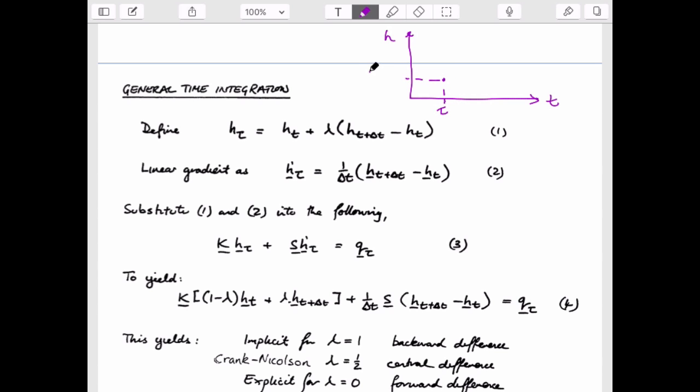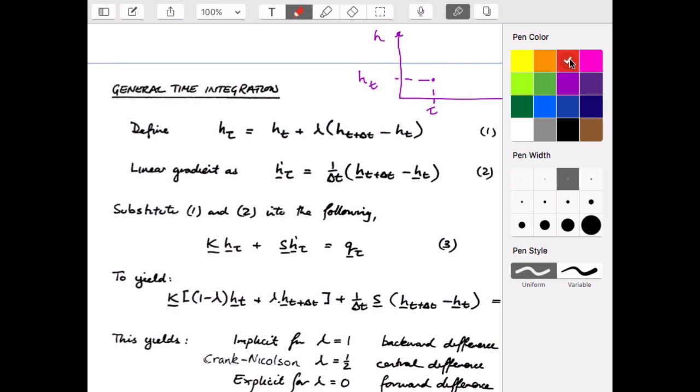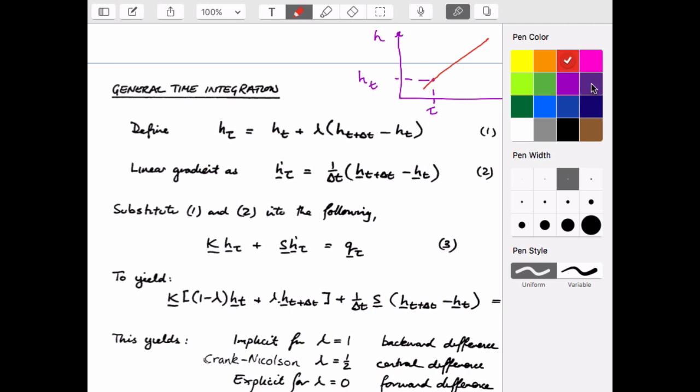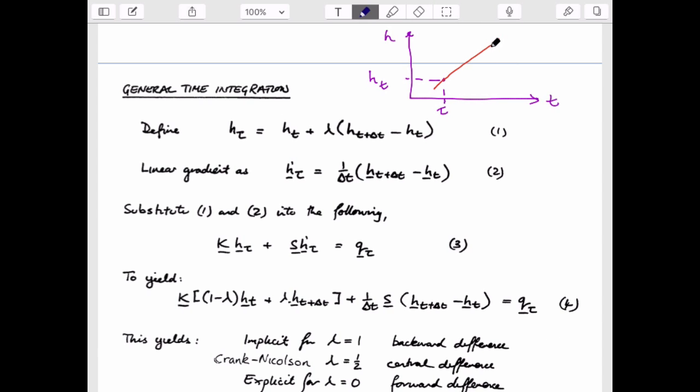This is the head at time t. Different color to represent this. Getting very fancy with this all of a sudden. This is time t plus delta t. And this is the head at time t plus delta t.